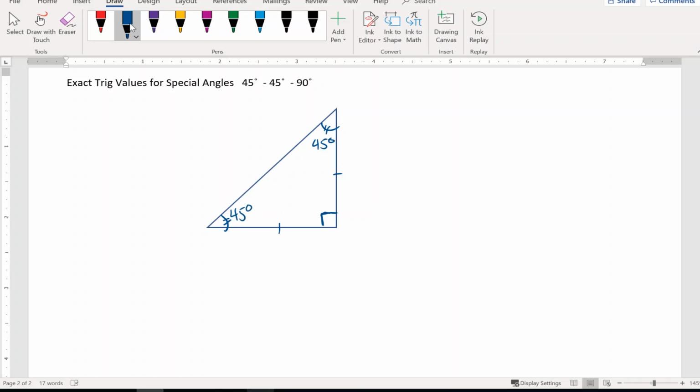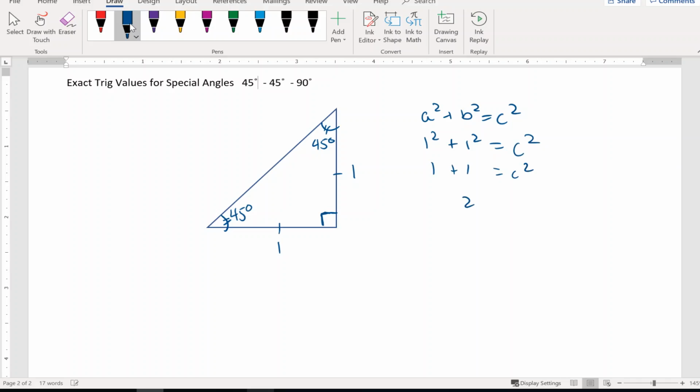Now, it doesn't matter here if we put the sides to be 1 or any other value as long as both values are the same. Now, looking at the Pythagorean theorem, a squared plus b squared equals c squared, we know that if the sides are both 1, we get 1 squared plus 1 squared, which is 2.